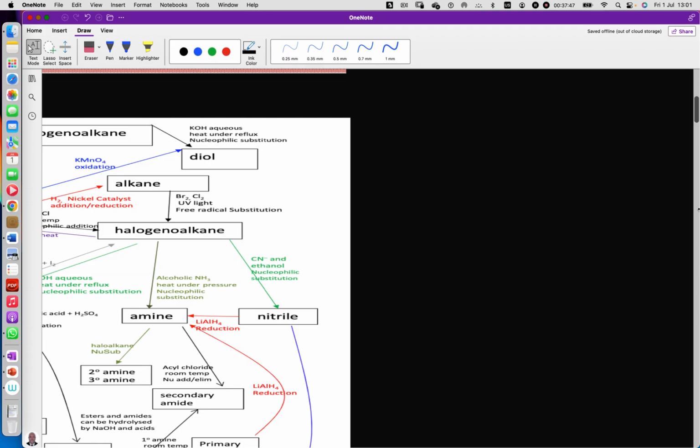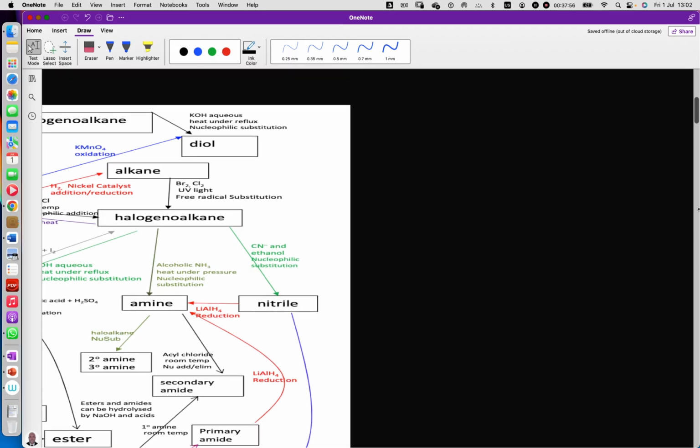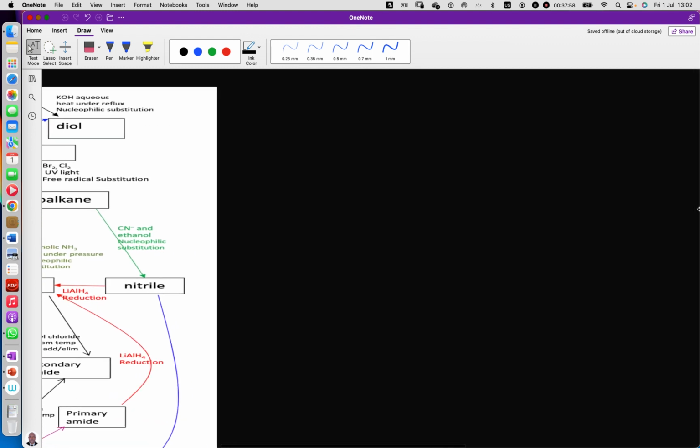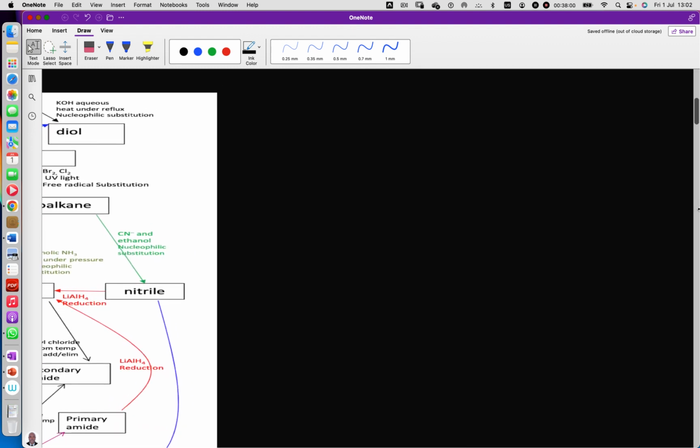But you can still use hot concentrated acidified potassium manganate 7 solution, and this would be the product.